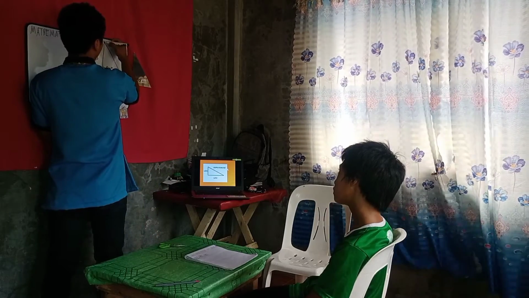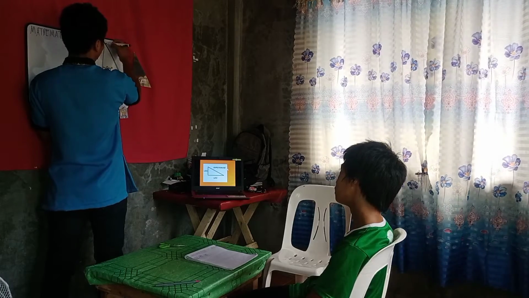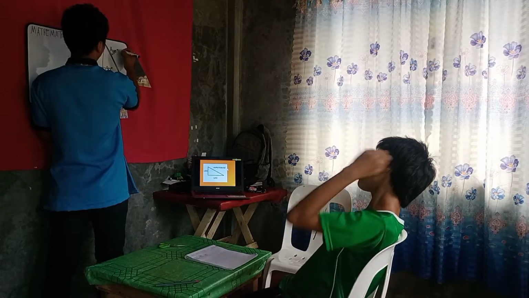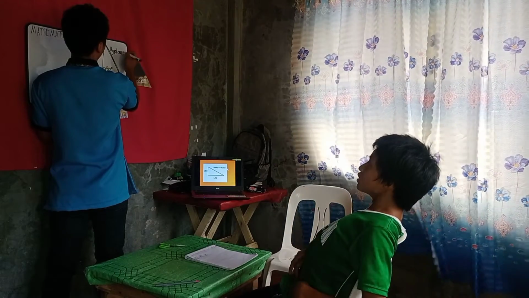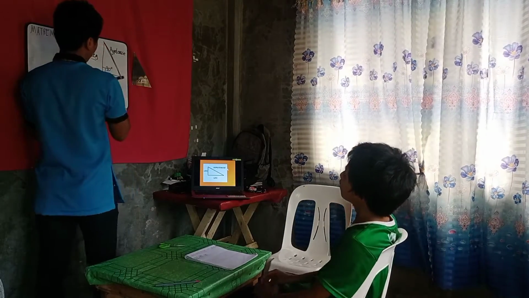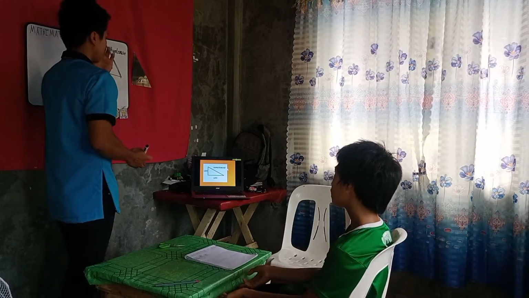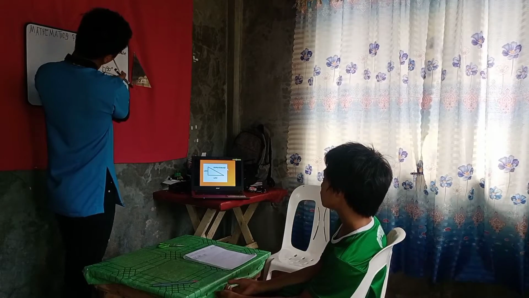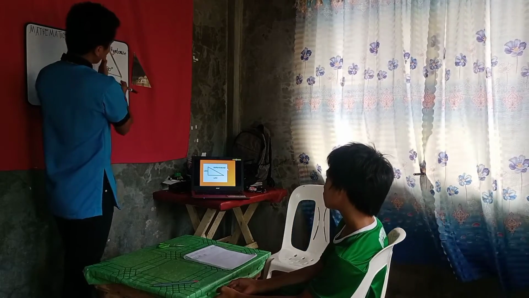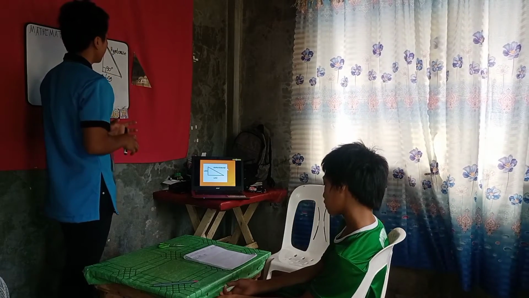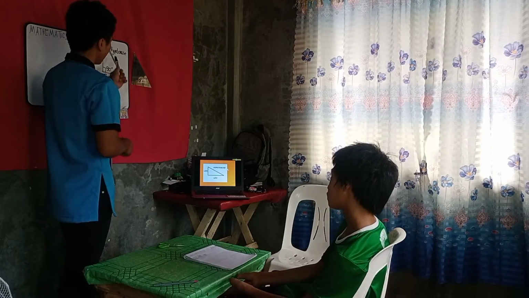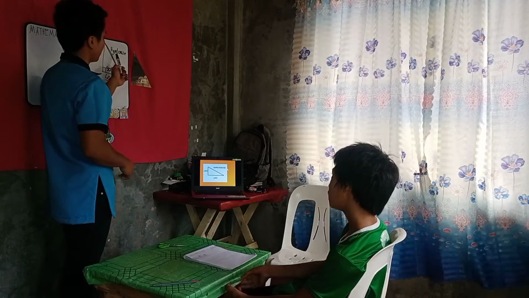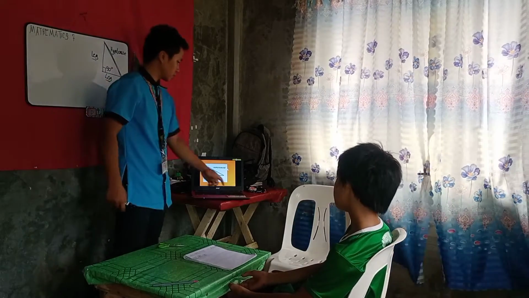At itong slanting na ito, yung tinatawag nating hypotenuse. So, maliwanag class? Huwag mong kakalimutan ha. Ang tawag natin sa dalawang, the base and the height of the triangle, is the legs. And yung pinakamahabang part niya ay ang hypotenuse.